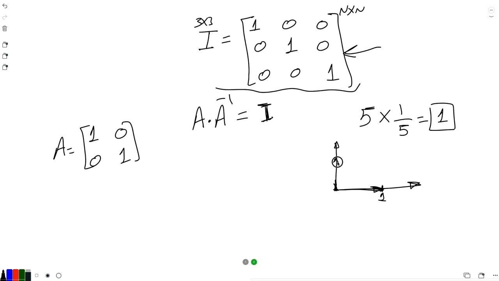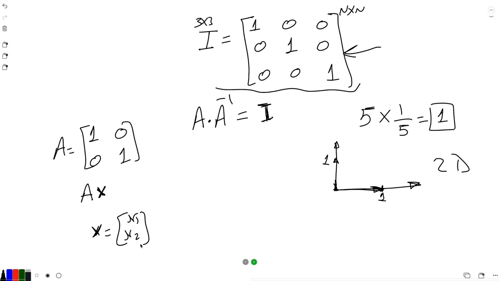This is like the conventional two-dimensional space. Now what happens if you multiply this matrix A by a vector x, where x is equal to x1 and x2, for any two elements x1 and x2?